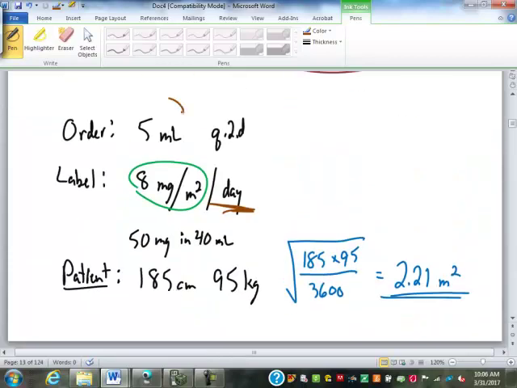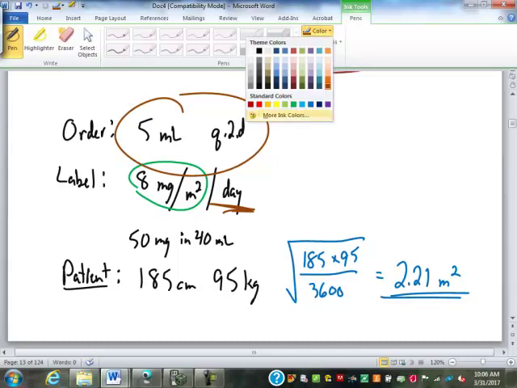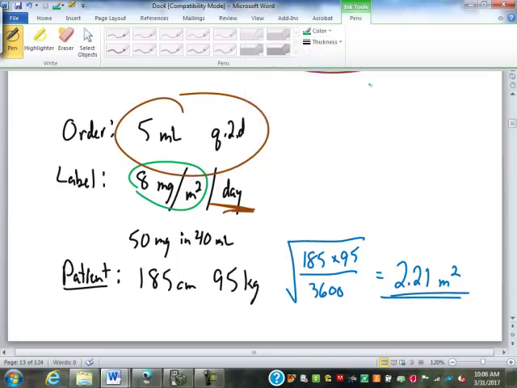The doctor ordered 5 milliliters every 12 hours, or twice a day, I should say. 5 milliliters twice a day. Yeah, that should be BID, twice a day.